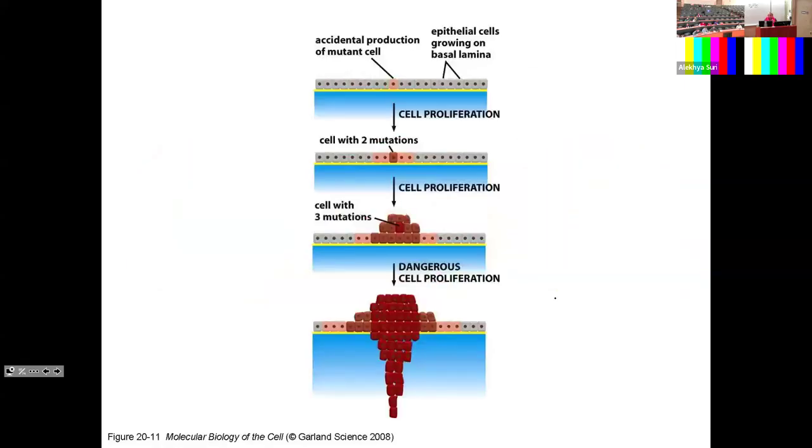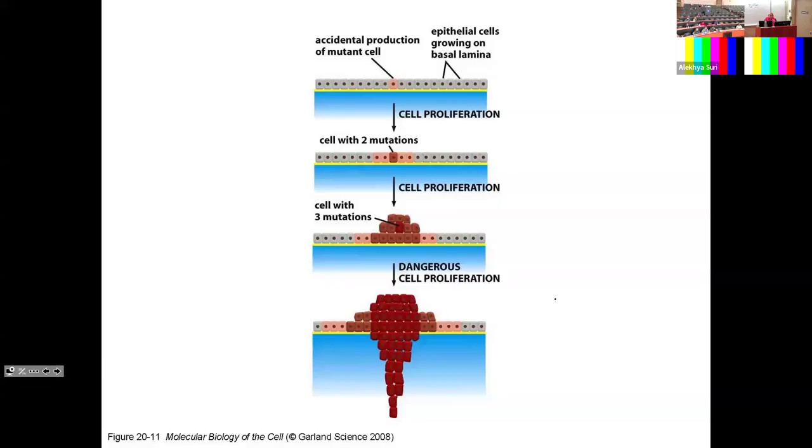And here you have an example of how it's different. The epithelial is now in this representation. So you have one cell in red, and that cell has an accidental production of one mutation, right? So that cell has daughters. You can see how, passing through different cycles, a second mutation could happen. And those accumulate, they keep proliferating, and you can have a third mutation.